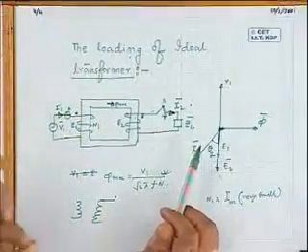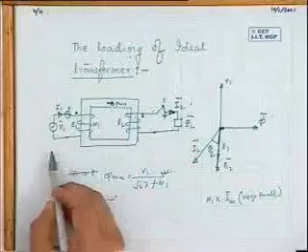So when it was not loaded, whatever MMF was necessary, which was vanishingly small, that Im vanishingly small into N1, that MMF, the resultant MMF should be also this one when you have loaded the transformer.